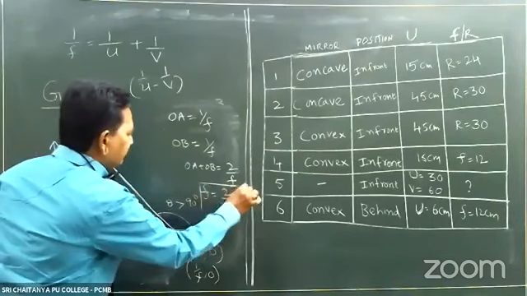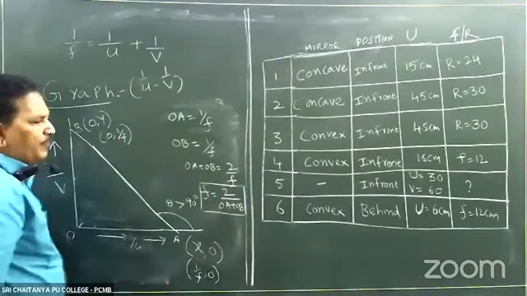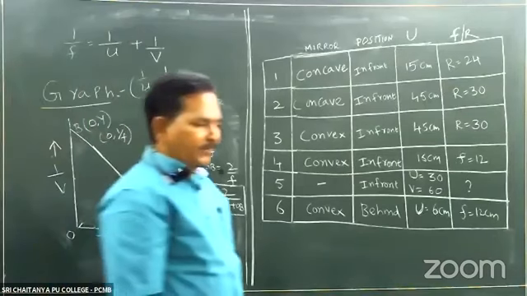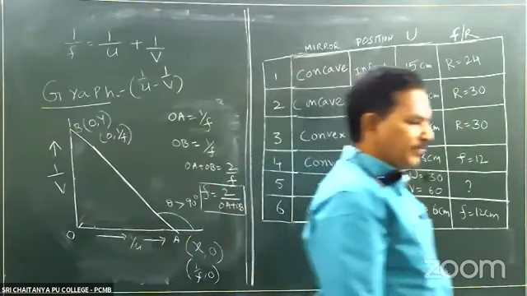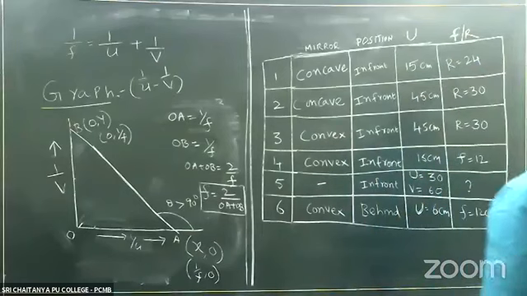By using the 1 by U, 1 by V graph, this is how to calculate the focal length of the mirror: F is equal to 2 divided by OA plus OB.